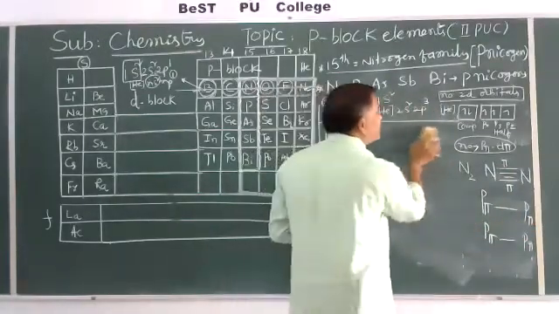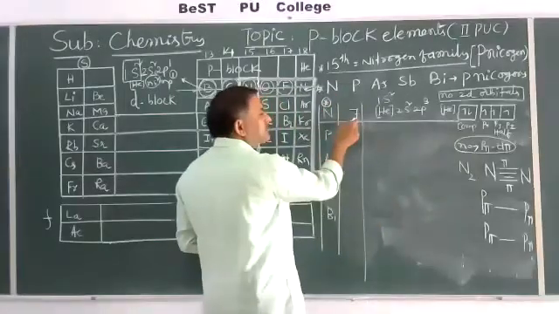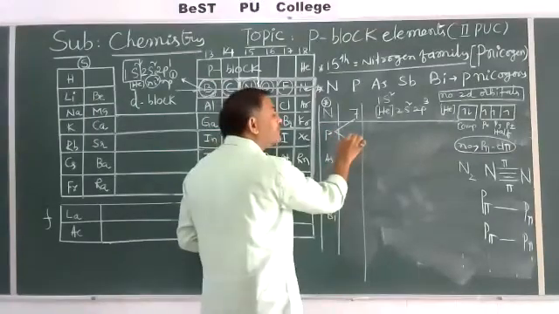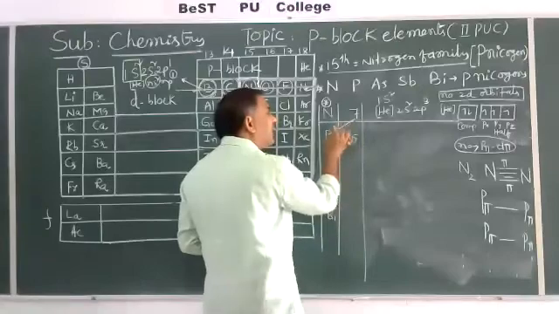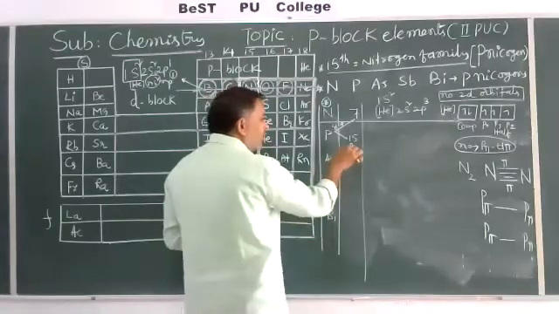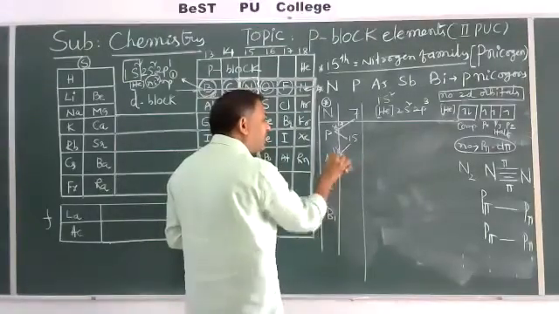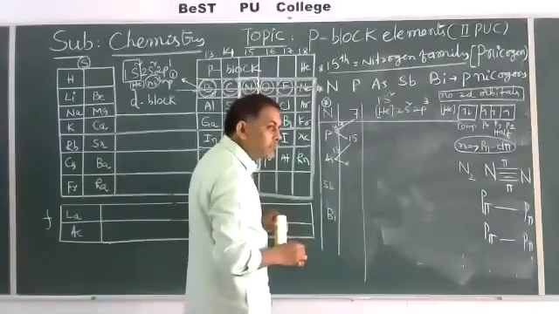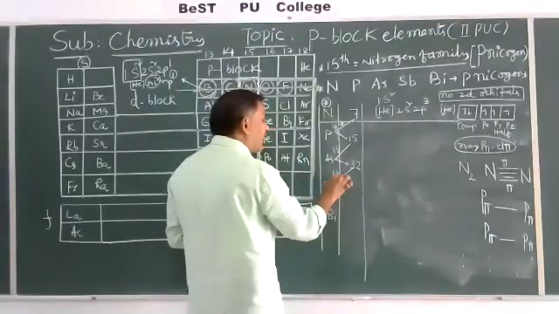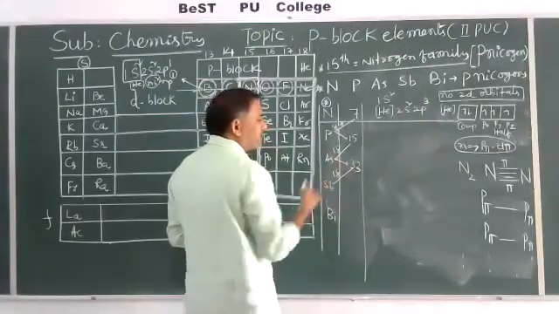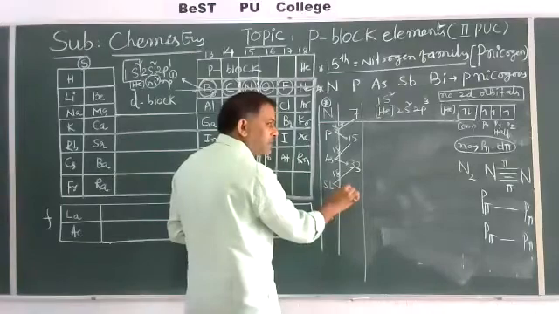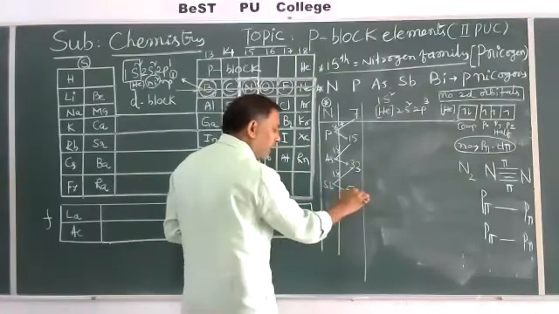Whereas in the case of phosphorus, from nitrogen, the phosphorus atomic number is 15. Just add 8 to 7, we get 15. Now to this 15 add 18, we get 33, arsenic. To 33 again add 18, we get 51, antimony.